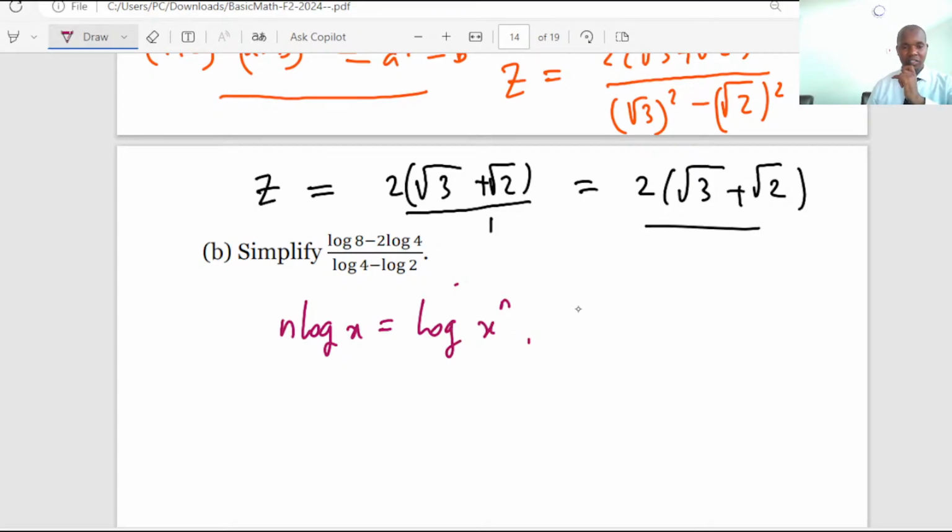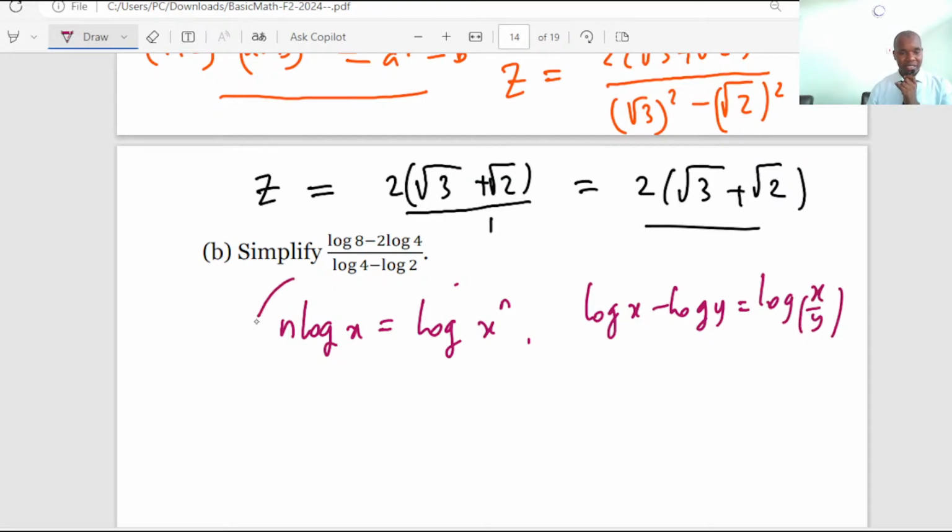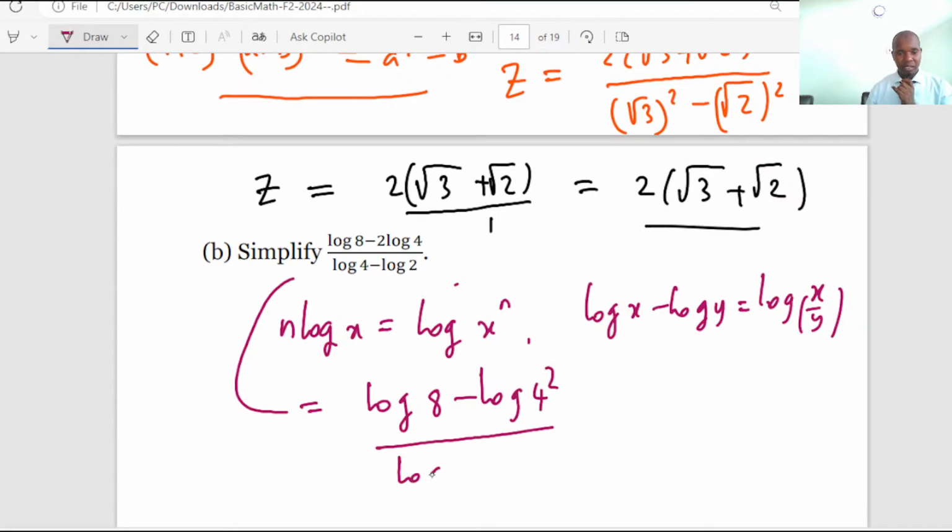And when you have log x minus log y, this is the same as log x over y. So with that in mind, this is going to be equal to log 8 minus log 4 squared divided by log 4 minus log 2.